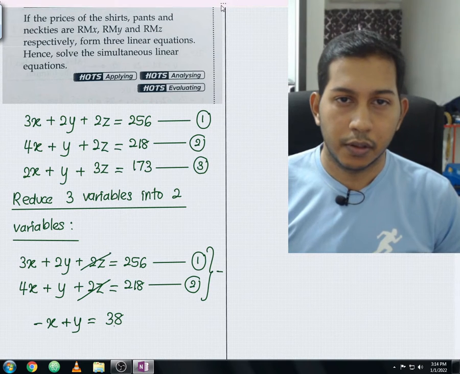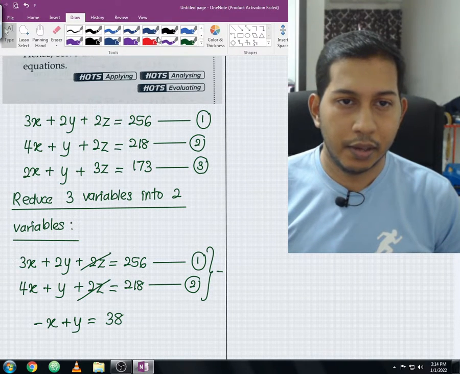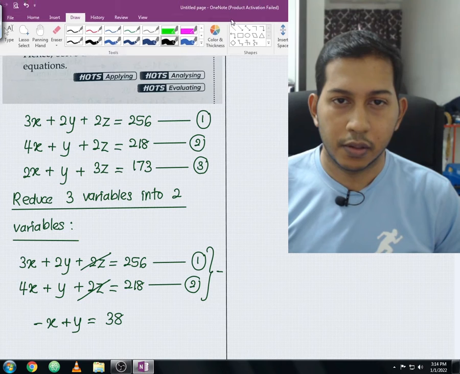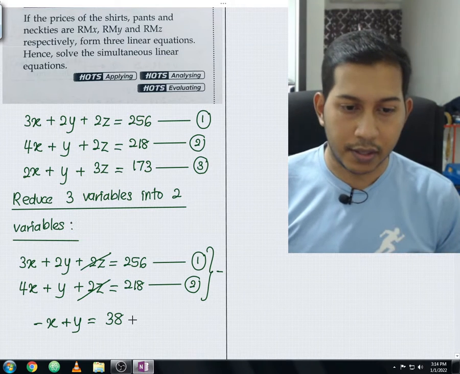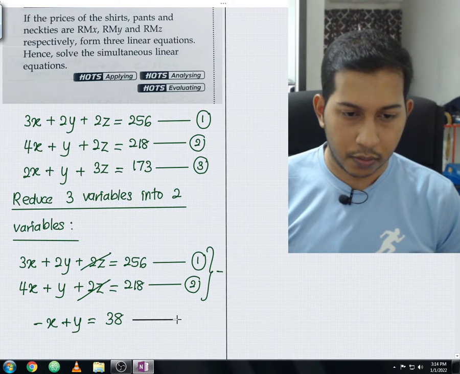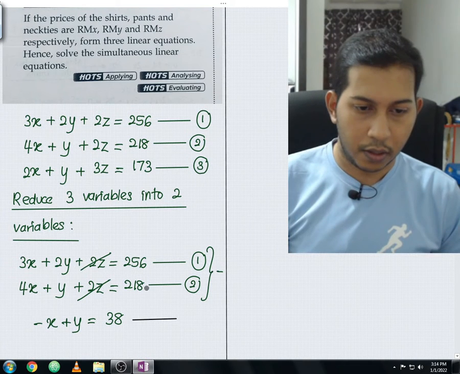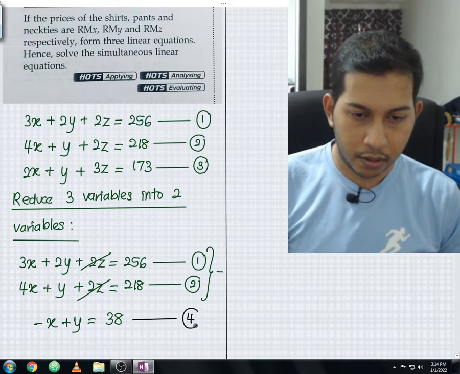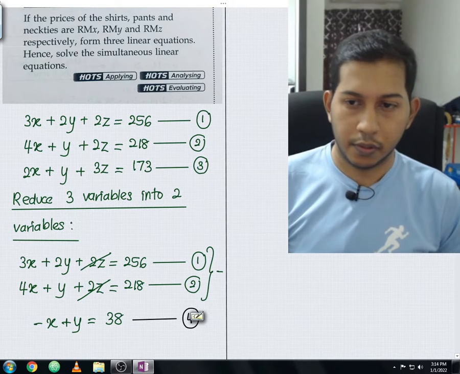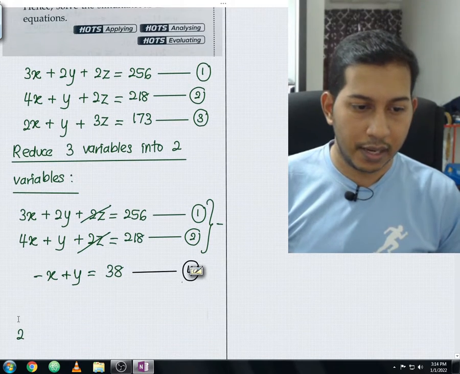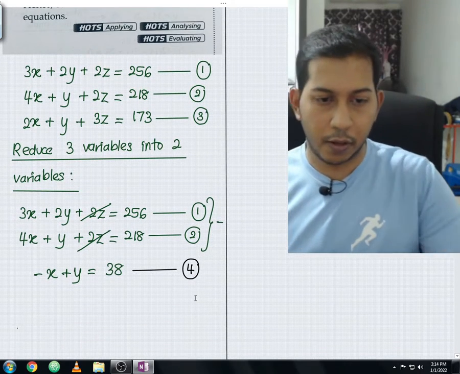Okay, so from here let me label this in black, so that you know the difference. Equation number 4. So we have conducted the first operation.